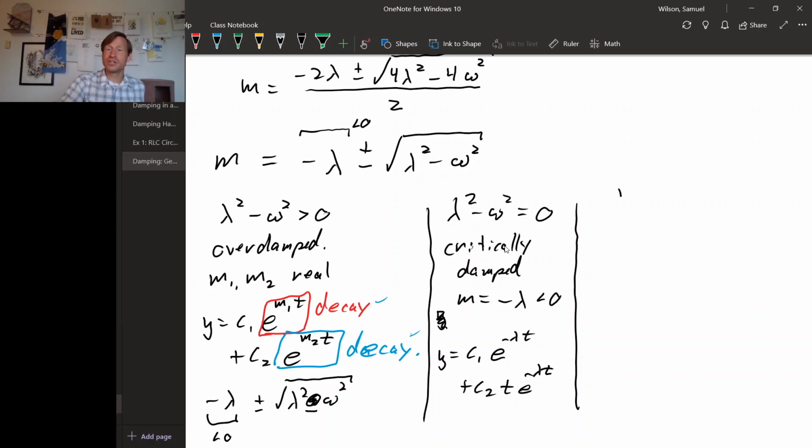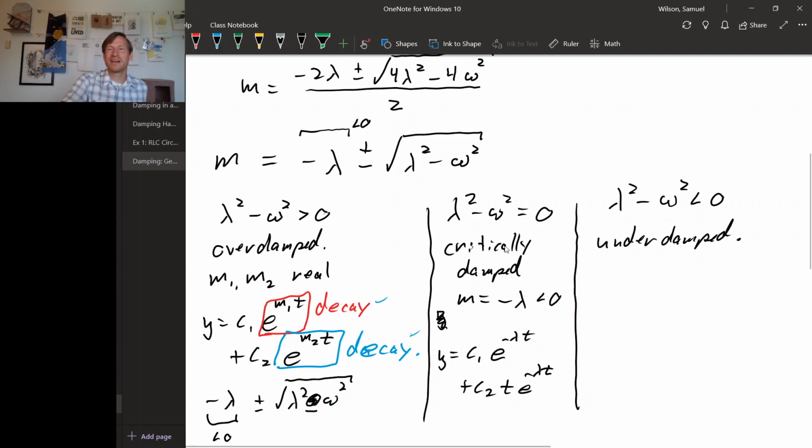The remaining situation is when lambda squared minus omega squared is less than 0. In this case, this is underdamped, and this is when we get oscillation. So if lambda squared minus omega squared is negative, that means omega squared minus lambda squared is positive.